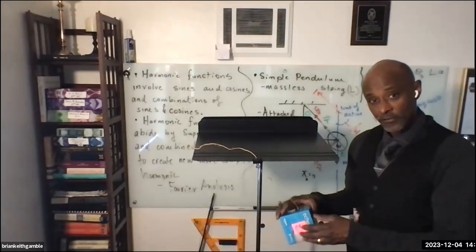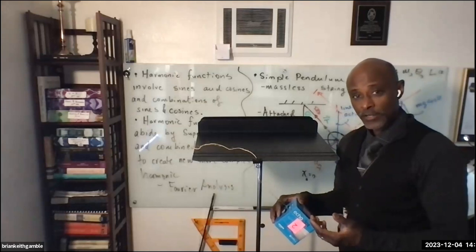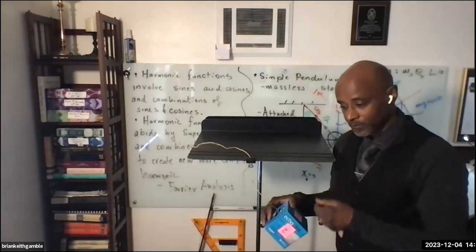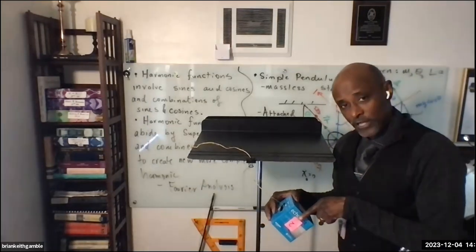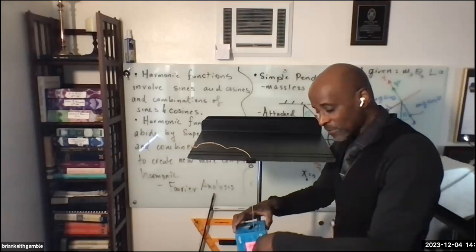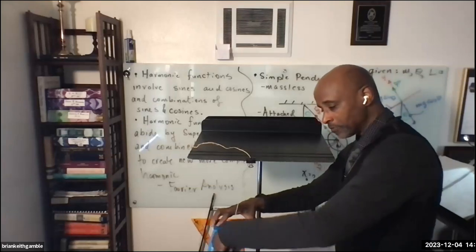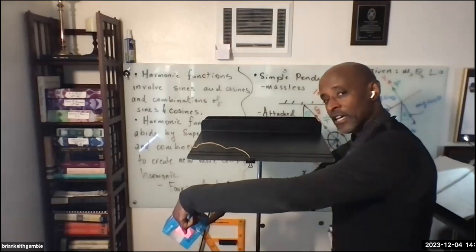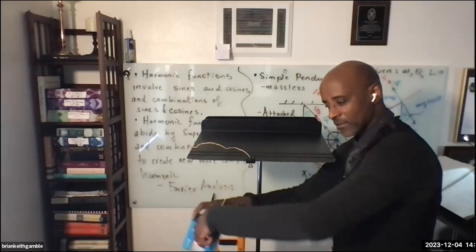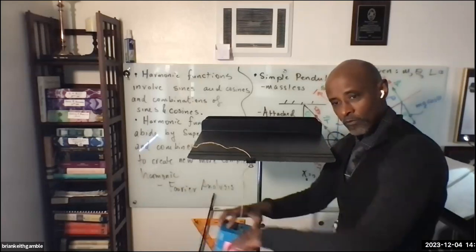And as that happens, the velocity is kind of 180 degrees out of phase. Zero velocity when the acceleration is maximum, maximum velocity when the acceleration is zero, and back to the other side, zero velocity when the acceleration is maximum, and back and forth like that.